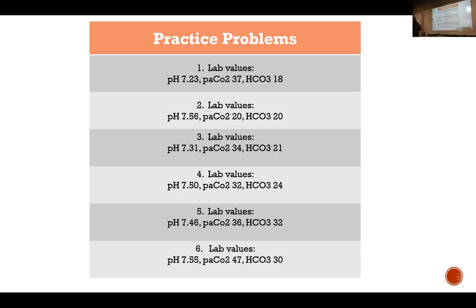Now we have to decide, is it fully compensated or partially compensated? Partially. Why did you say partial? This is how we tell if it's full or partial: just the pH level. If the pH was normal, then it would be full. If it's abnormal, it's partial.